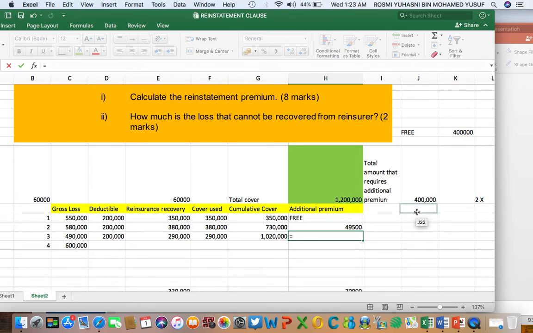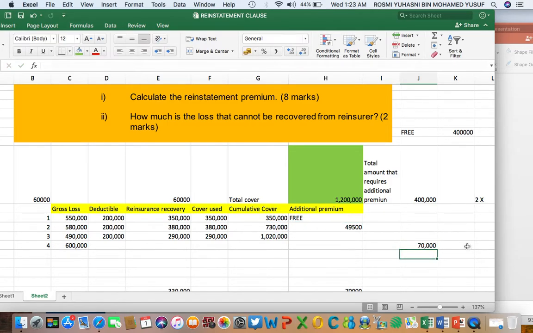So total is 800,000. So after claim number 2, there is another balance of 800,000 minus 730, another 70,000.